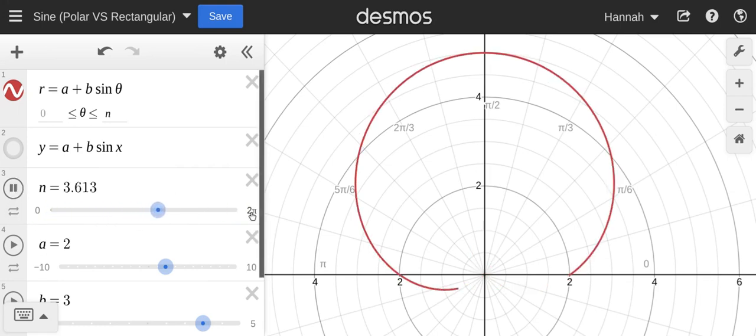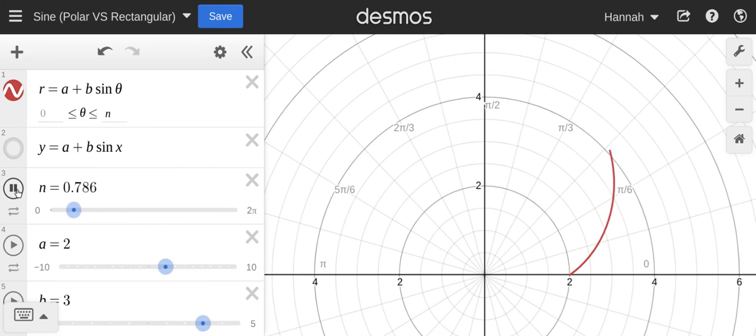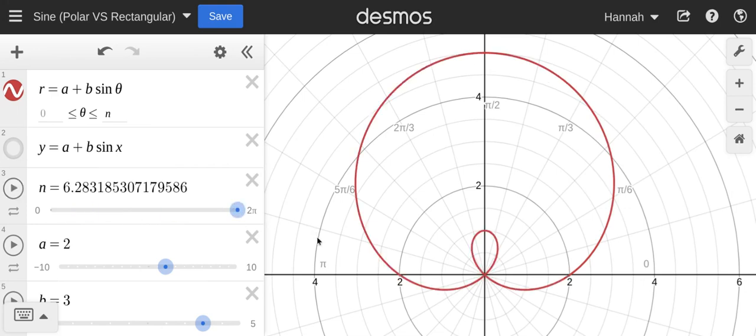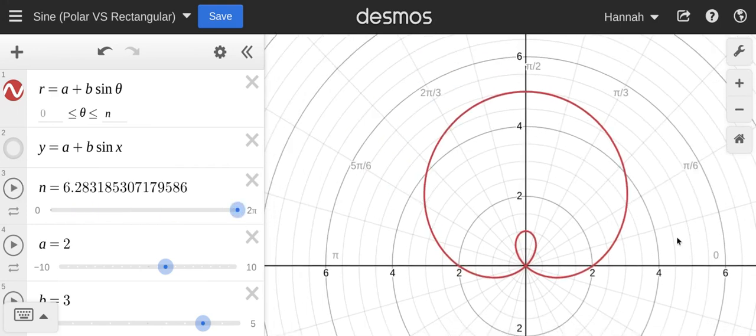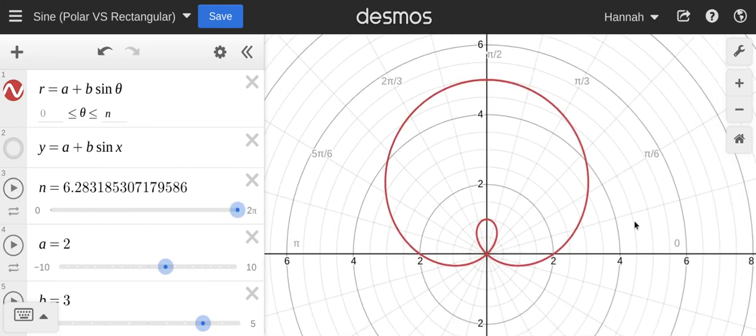If I play the slider, you can just see it growing, and then you'll see it disappear again, going backwards. So just so you've got an idea of where this thing comes from, that's what the purpose was for that. We've done some graphing with these types of figures before, but I just thought it didn't hurt us to see it in Desmos.